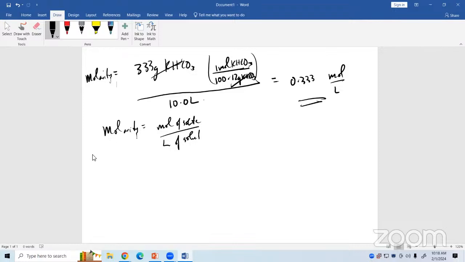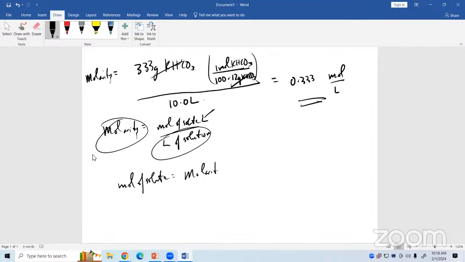In this question, they gave us the molarity and the liters of solution. So this is what we're trying to find, the moles. We can rearrange the equation to get moles of solute equal to molarity times liters of solution.